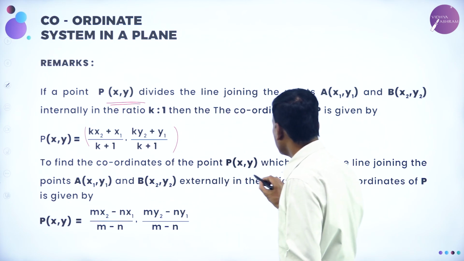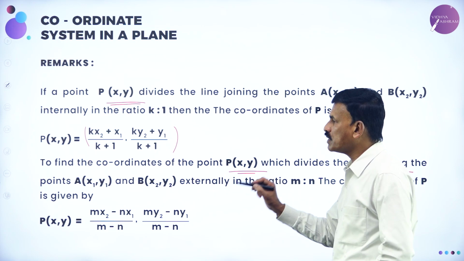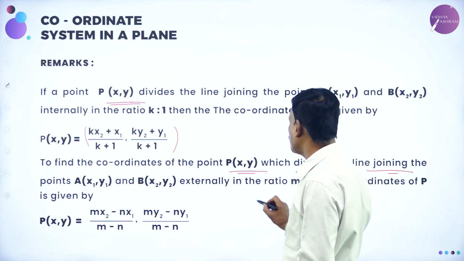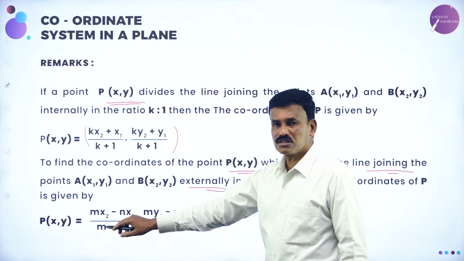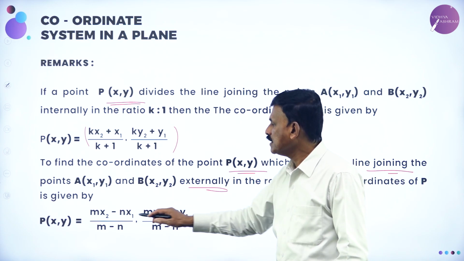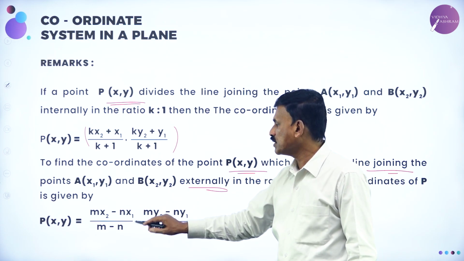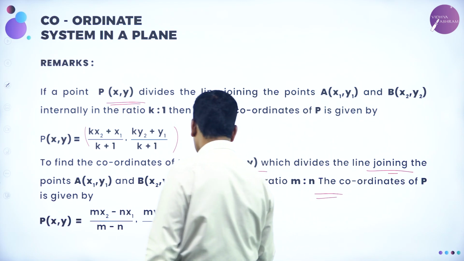Now, to find the coordinates of the point P(x, y) which divides a line joining the points A(x1, y1) and B(x2, y2) externally in the ratio m:n, the coordinates of the point P(x, y), sometimes we may call it Q(x, y), are ((mx2 - nx1)/(m - n), (my2 - ny1)/(m - n)).